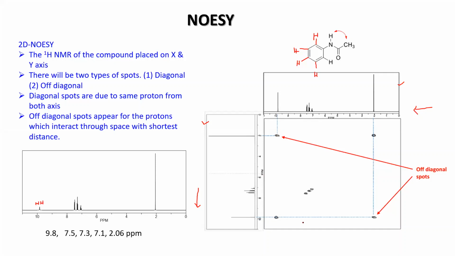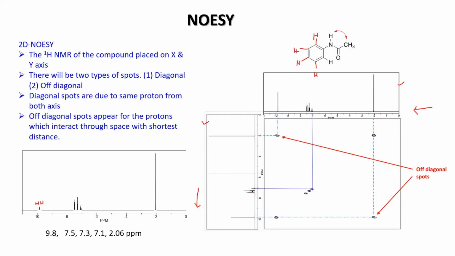Now let me explain what is the diagonal spot. If I consider this proton around 7, and here also around 7, so from both the spectra, if I extend where they will meet, that will contribute the diagonal spot due to that particular proton.